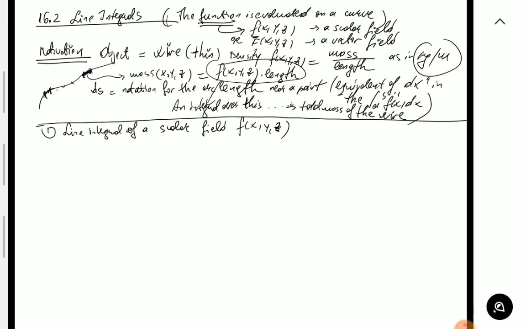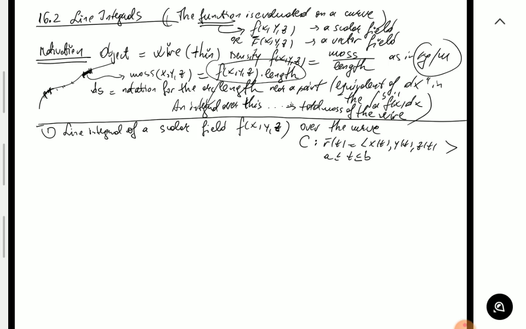Line integral of a scalar field over the curve C given by r of t equals the vector function x of t, y of t, z of t, with t between a and b, the parameter domain.